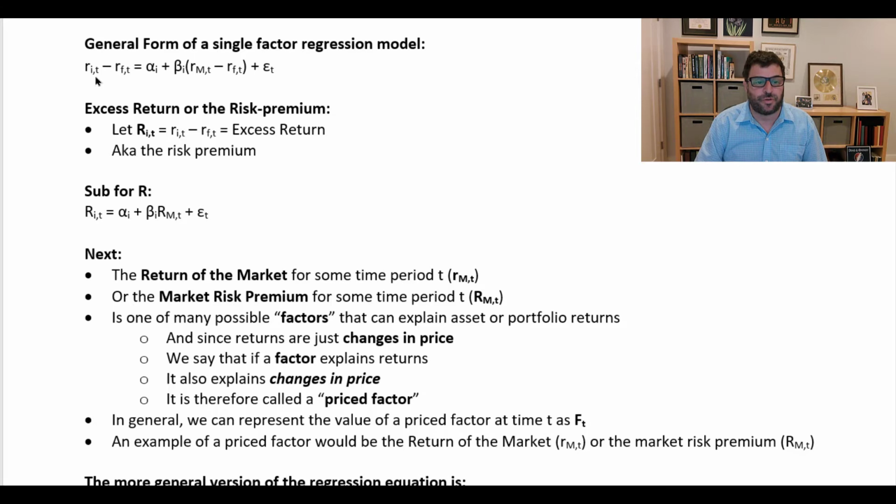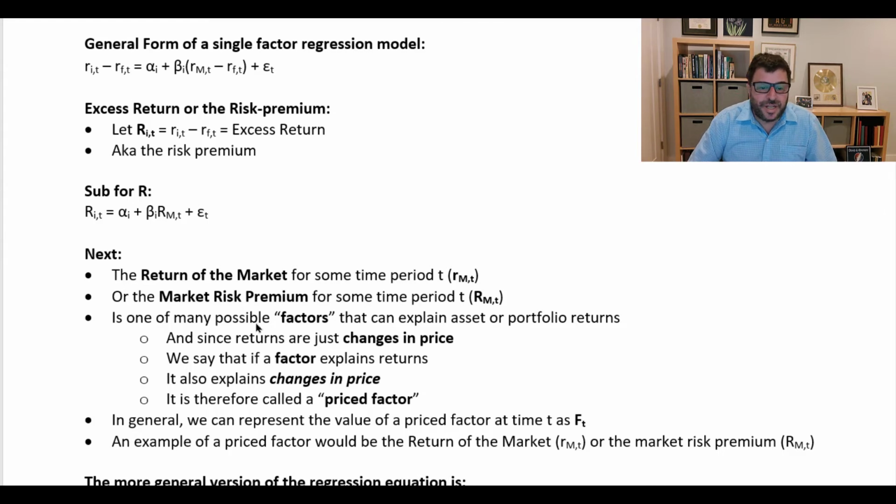We can do this for both the return of asset i and the return of the market. So here is our general form of our regression.